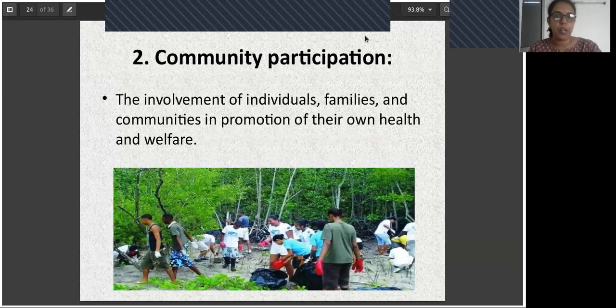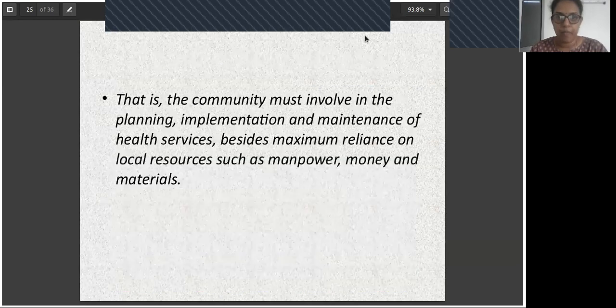The second important principle is community participation. From the word itself, you can understand this principle. For anything to be successful, if you are planning it for a community as a whole, it should bring about the involvement of individuals, families, and communities in promotion of their own health and welfare.